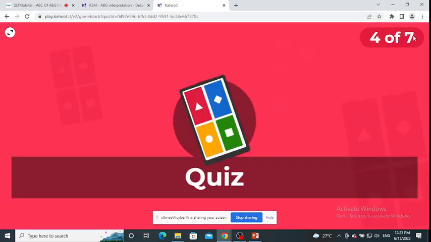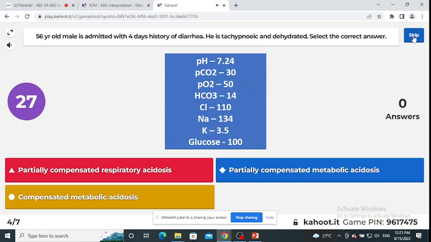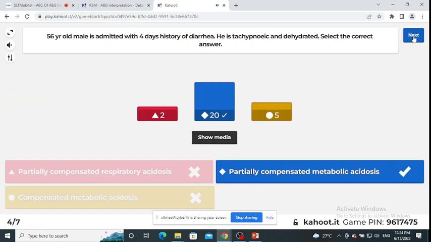Next question. A 56-year-old male is admitted with a 4-day history of diarrhea, is tachypneic and dehydrated. Select the correct answer. Great, well done.